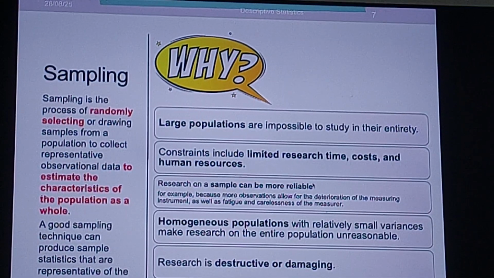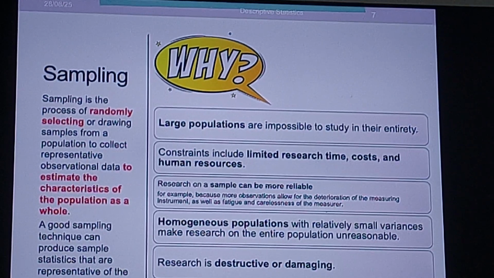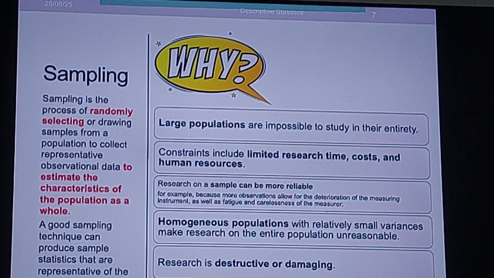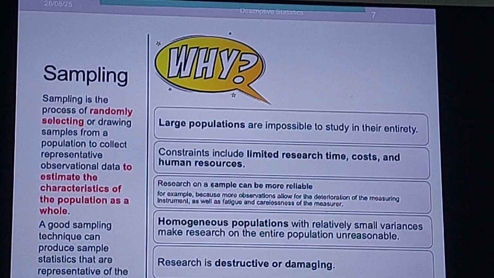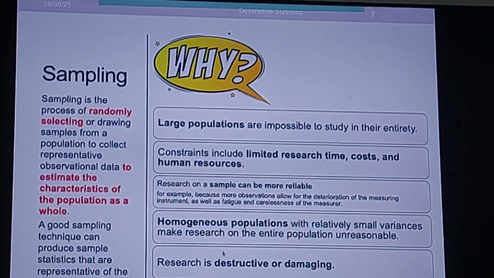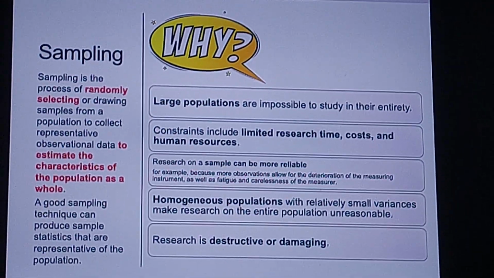If we use destructive testing to observe samples or get data, there is a lot of cost and also resources that may be destroyed after we make some tests. That's why we just use a sample as our primary data. And a homogeneous population with relatively small variance makes research on the entire population unreasonable.